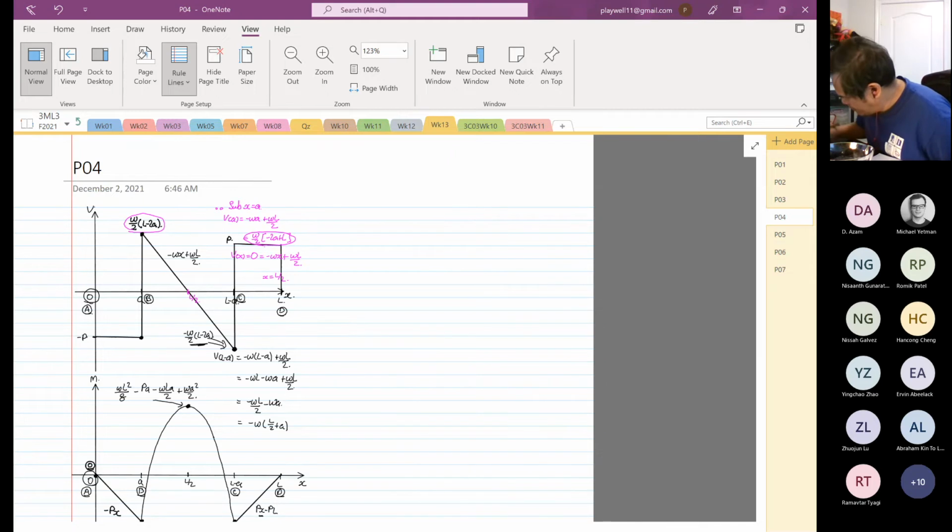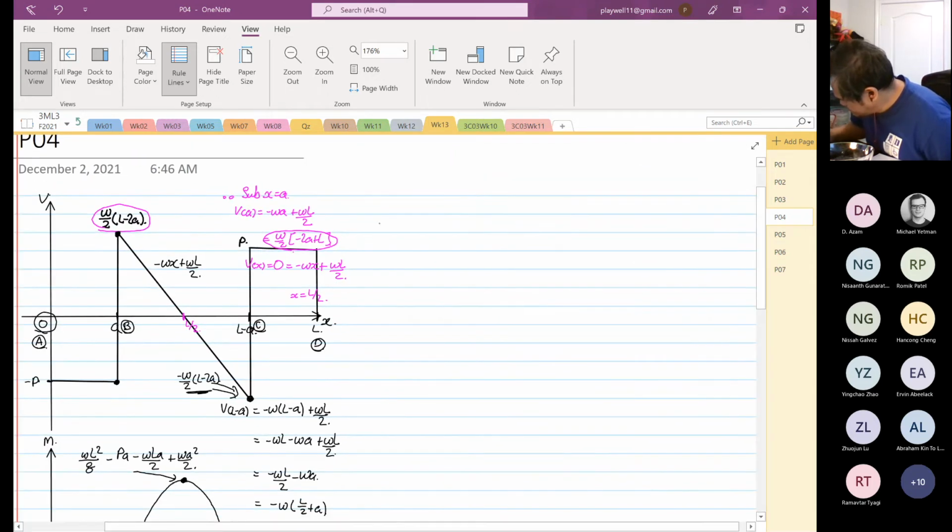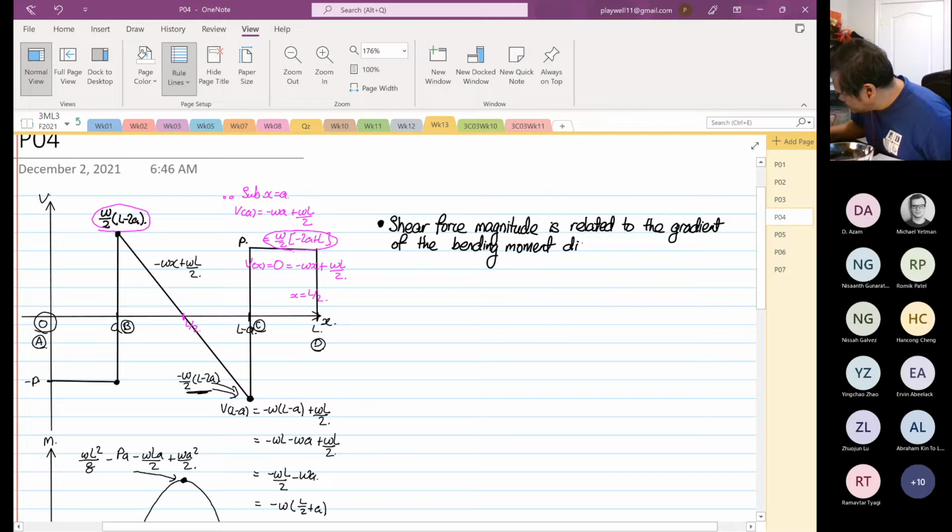The first thing is, when the shear force magnitude is related to the gradient of the bending moment diagram. Okay, so let me elaborate.